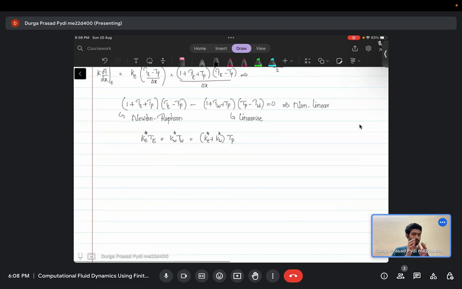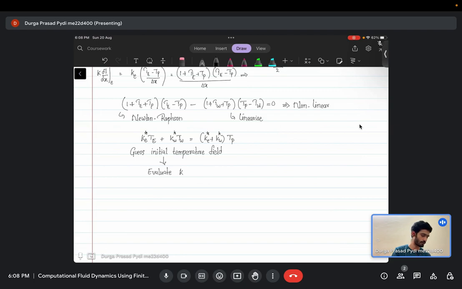Like in the Gauss-Seidel loop, when we are trying to solve these equations, we take initial values of temperature. So essentially the procedure will be: you guess an initial temperature field, and then you evaluate the coefficients.